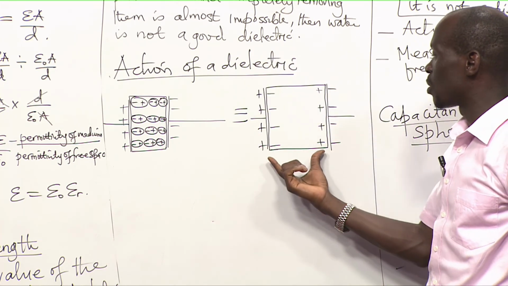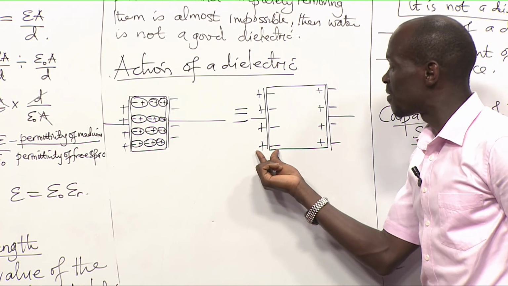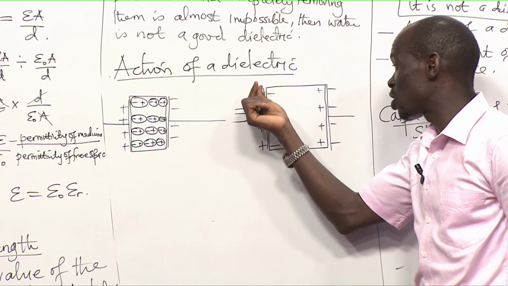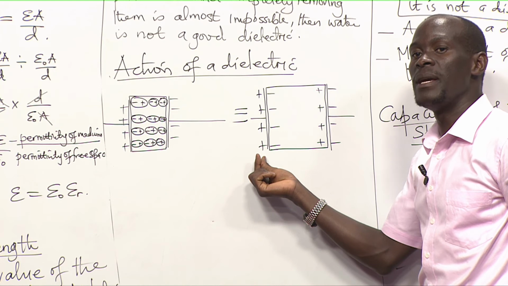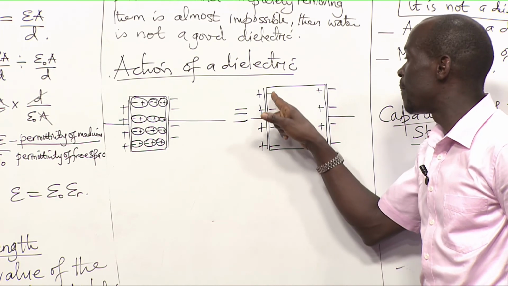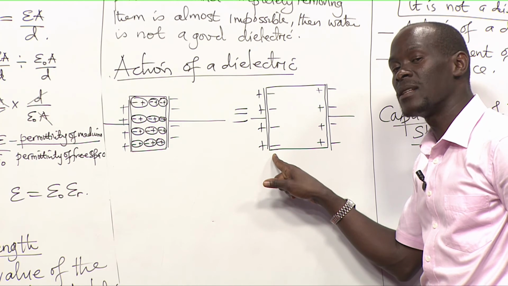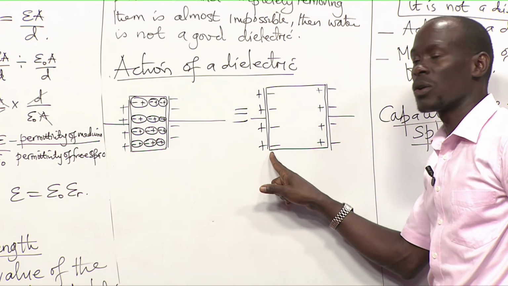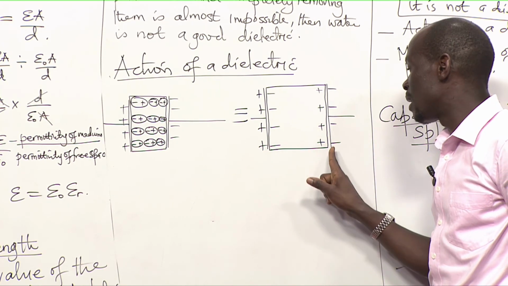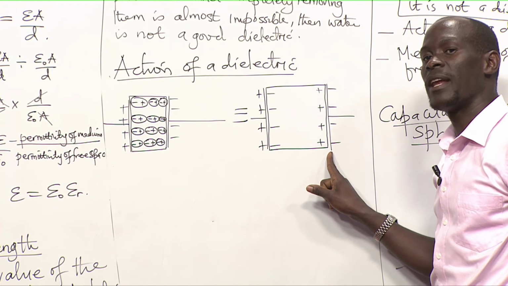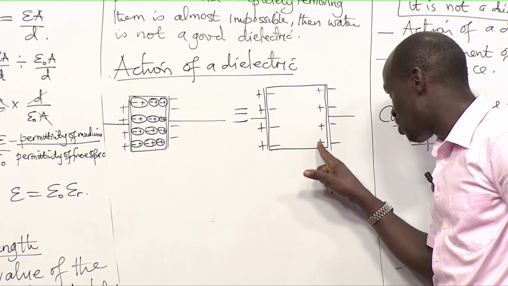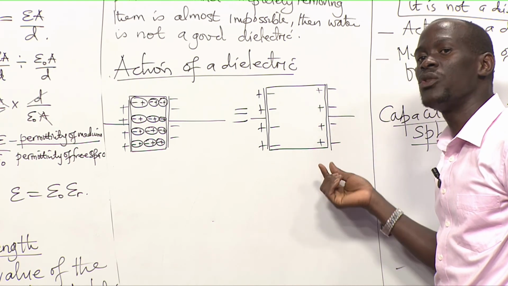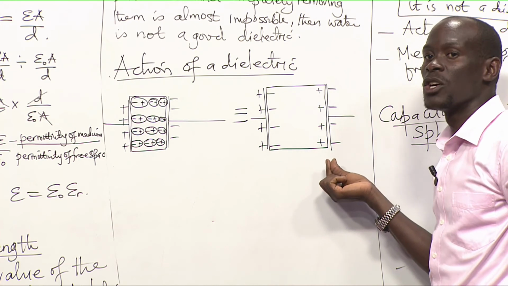Now, what is the effect of such a thing? At this positive plate, the positive potential here will therefore be reduced by the negative charge at this end of the dielectric. And also, as that happens on the positive plate of the capacitor, a similar thing happens on the negative plate. The positive charge, which is induced close to the negative charge, also reduces the negative potential there. So what does that mean?